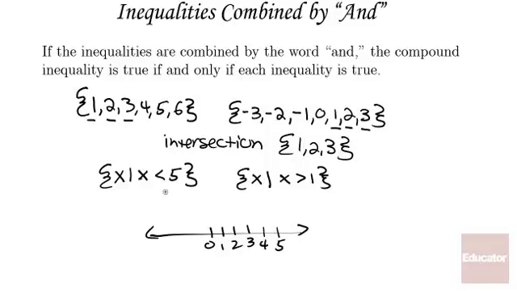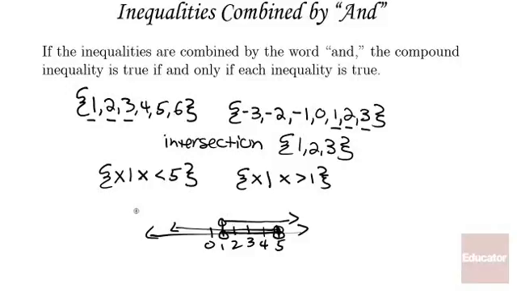This is telling me that x is less than 5. This one is telling me that x is greater than 1. Well, the region of overlap, the intersection, is between here and here. So this region, open circle at 1 all the way to open circle at 5, would be my solution set.